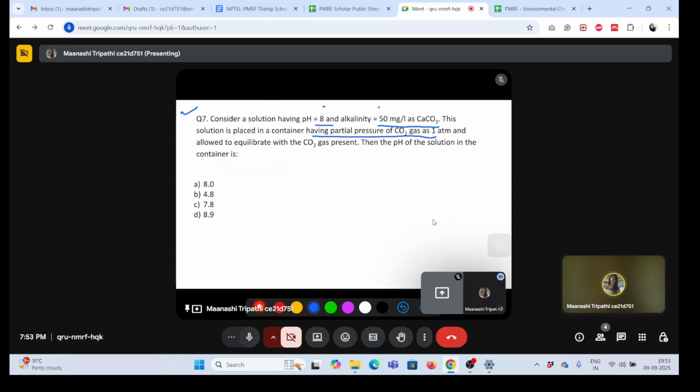So alkalinity is providing the buffering capacity. So there will be some resistance in the change of pH. So what will be the new pH? Try to find out the solution of this one.